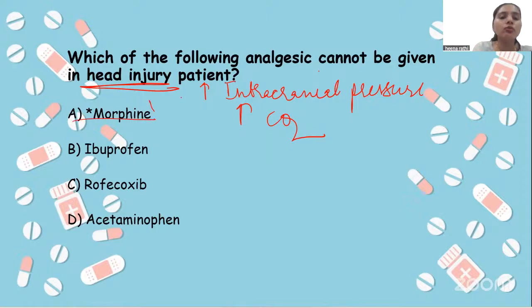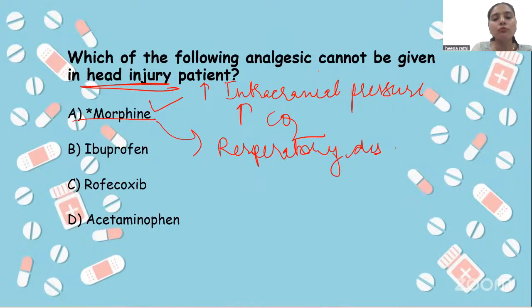Opioids are going to increase the intracranial pressure. That is why opioids are not given. Apart from this, what are the other contraindications of opioids? Opioids should not be given to persons who are already in respiratory distress, because opioids produce respiratory depression, and most opioid addicts die because of this respiratory failure.